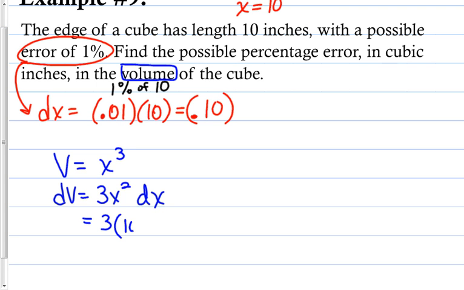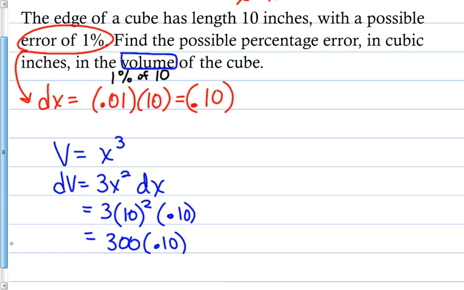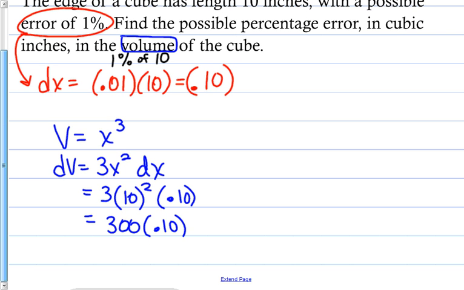So x is 10, and dx is 0.1 or 0.10. So 10 squared is 100 times 3 is 300. So 300 times 0.1 is 30. So this is how much the volume changed by. I need the actual percentage error.